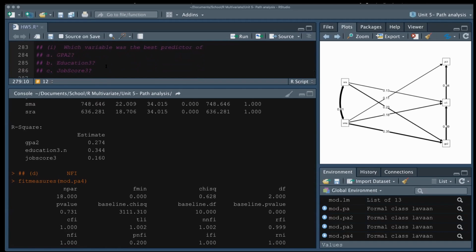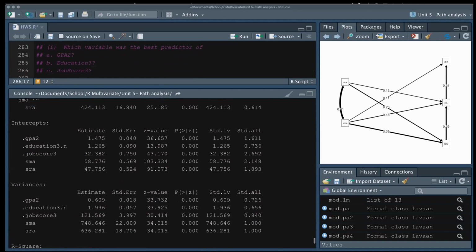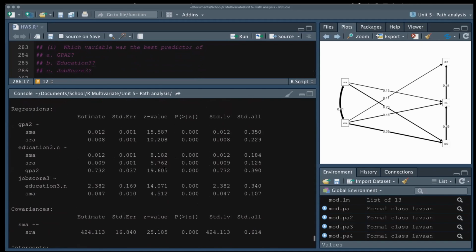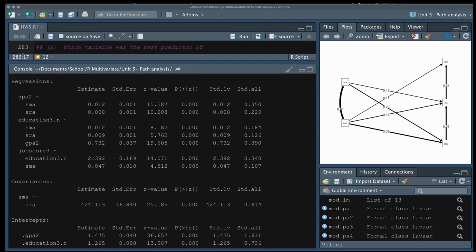So where do we look to see which variables were the best predictors of each of these other three? Casey says the standardized all, and more specifically the z-score, as Jake said, those will line up the same.